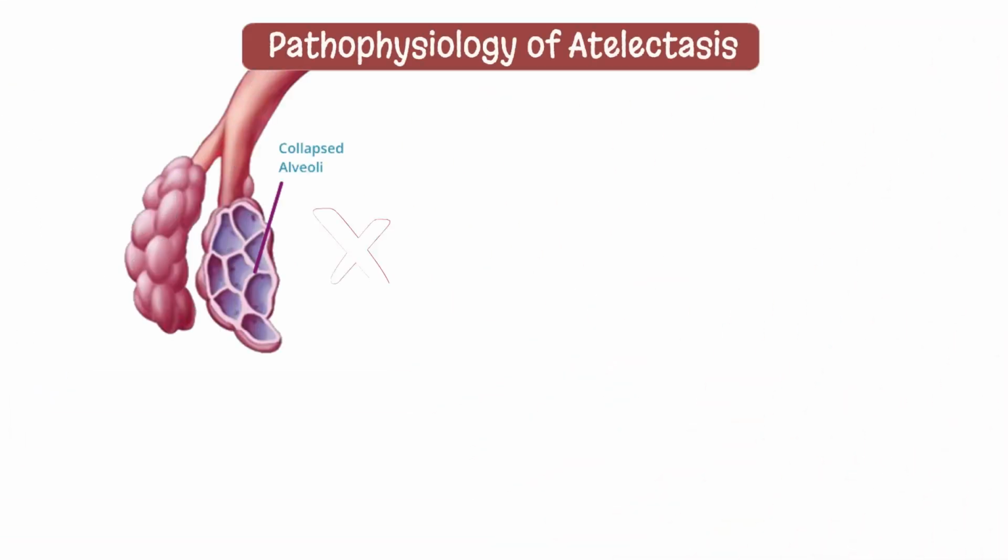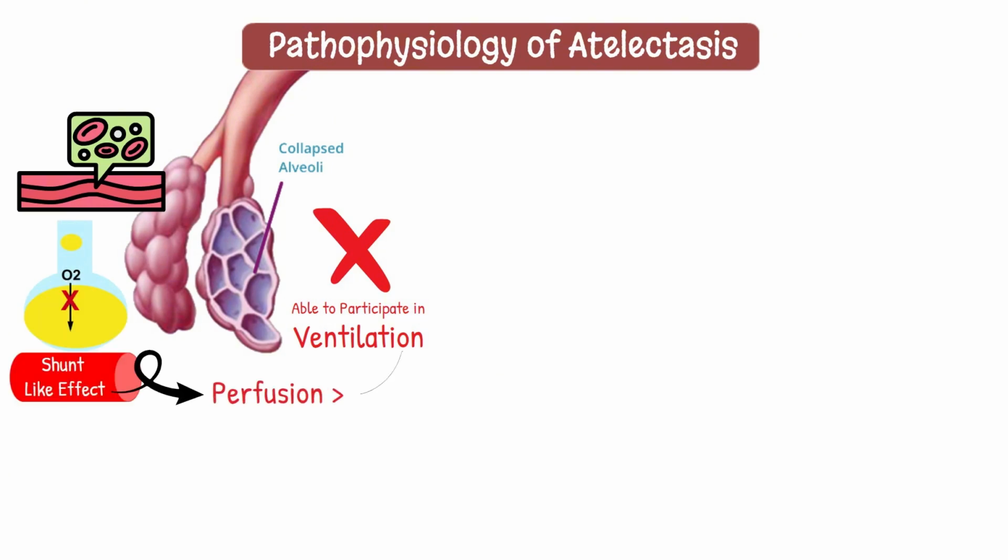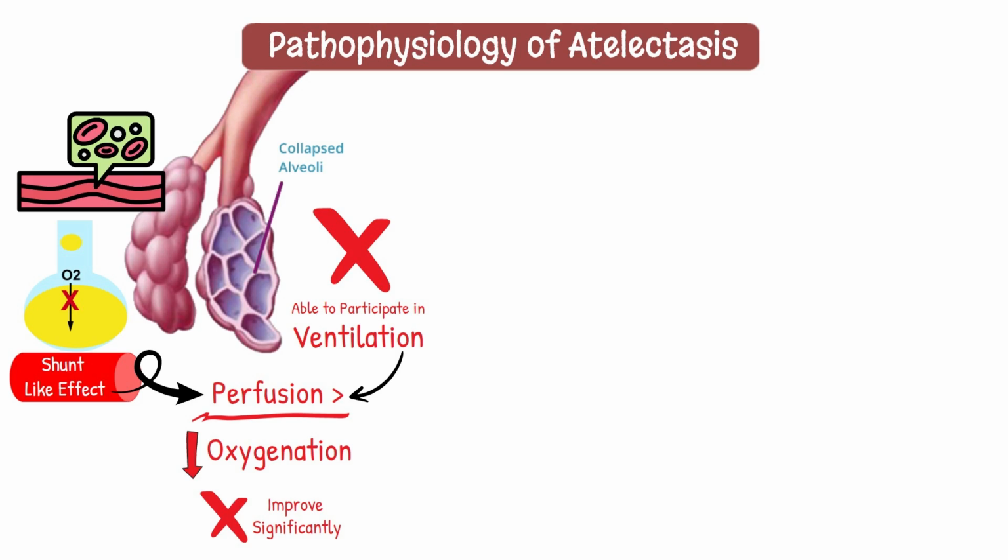Okay, first let's talk about the pathophysiology of atelectasis. When alveoli collapse, they are no longer able to participate in ventilation, yet blood flow to the area may continue. This results in a shunt-like effect where perfusion exceeds ventilation, leading to decreased oxygenation that does not improve significantly with increased inspired oxygen.